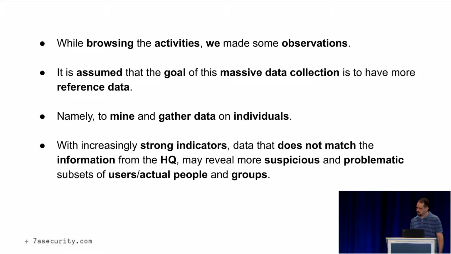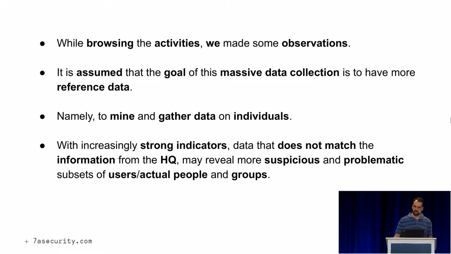And yeah, the assumed goal of the app was massive data collection to mine and gather data about individuals, and we were trying to find what kind of indicators are there in the app, right? So we were looking for the technical evidence of these potential issues.